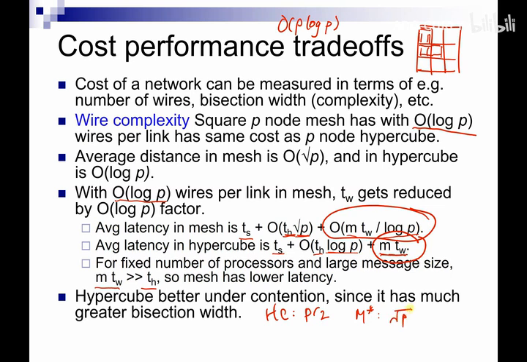And now, since you make every edge log p times bigger, you multiply this by log p. But this is still going to be much less than the bisection width of the hypercube. So this is a way to compare different architectures by keeping certain costs the same and then comparing other costs.